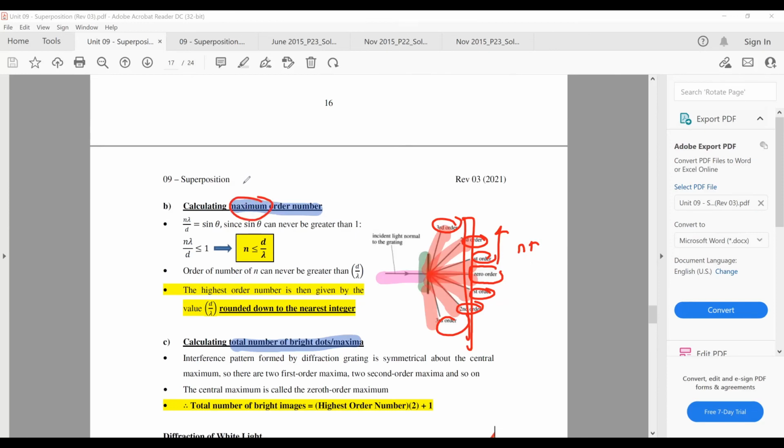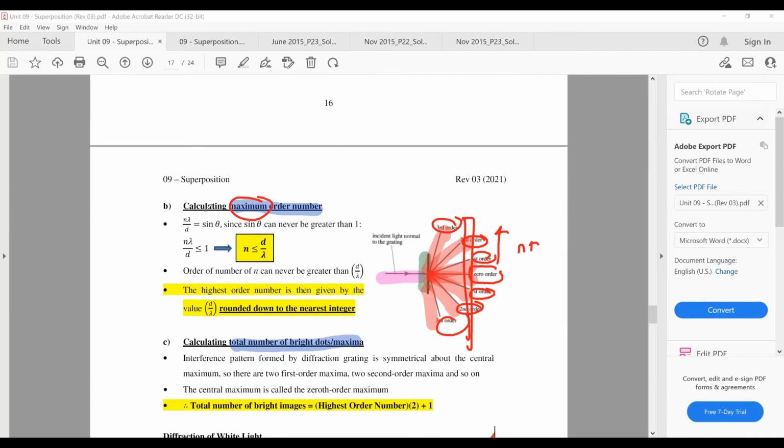So you cannot go up to the 99 order number. Depending on the wavelength that you use, depending on the slit separation that you use, you will eventually reach a maximum order number. You can only produce a certain maximum order number. So some questions will ask you to calculate what is the maximum order number. All right.